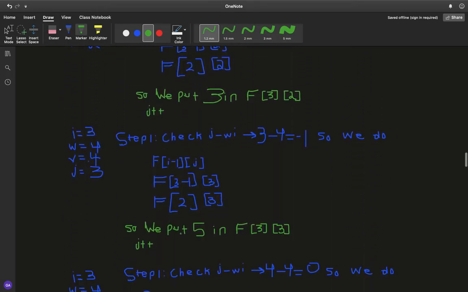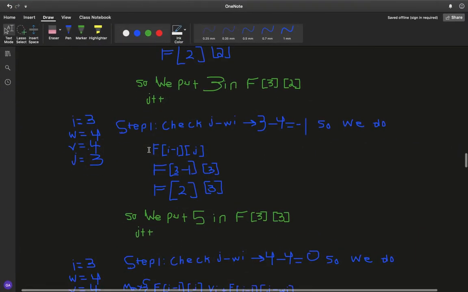So we're going to put that 5 in f sub 3 of 3. And I'm just getting these by i and j. This first one's i, second one's j. So in this loop, until we break out of this inner loop and we increment i again, the only thing we're going to be changing is this j right here.